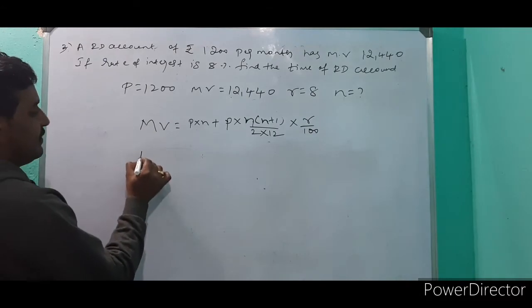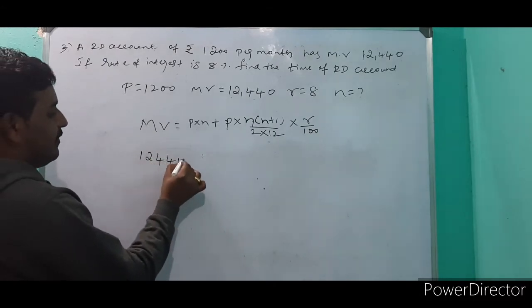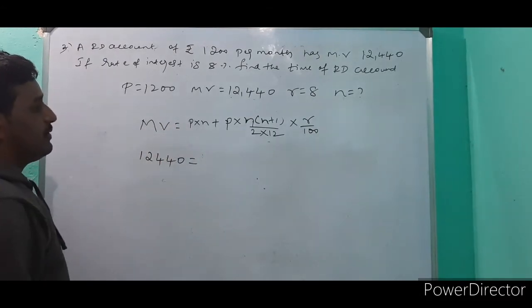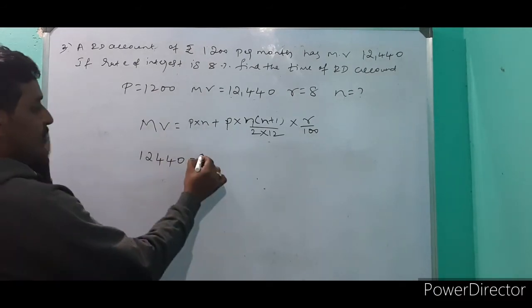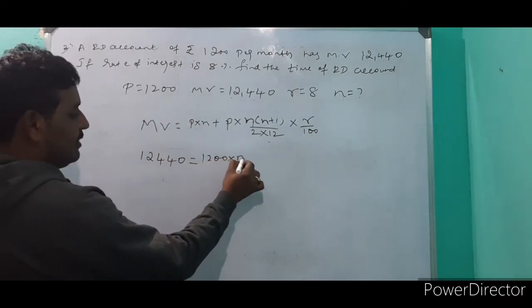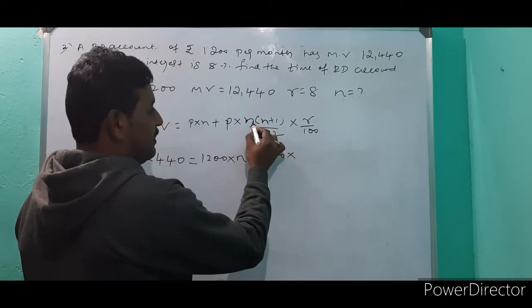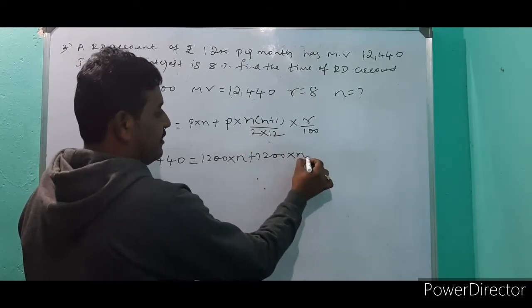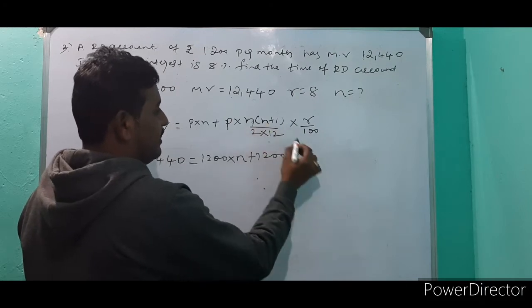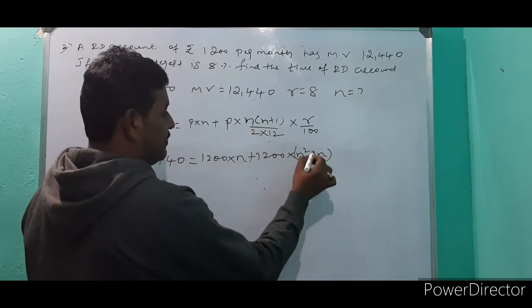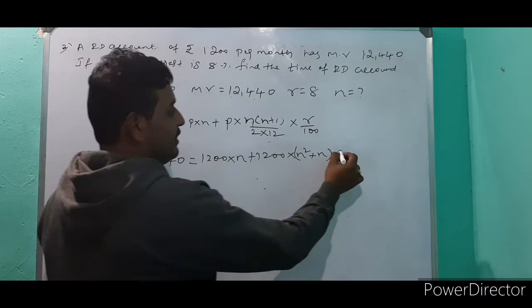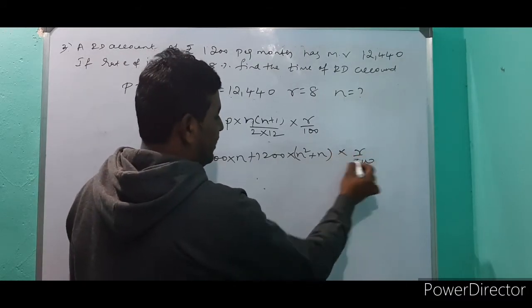MV is equal to 12,440. P value is 1200 into N, plus 1200 into N into N, N square, N into 1, N. You can put in bracket, into R divided by 100.